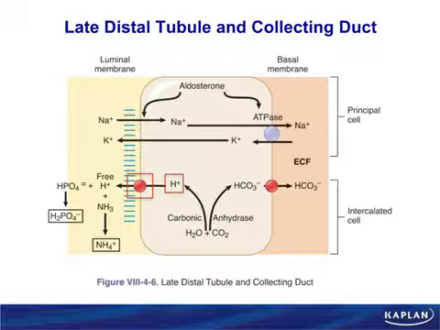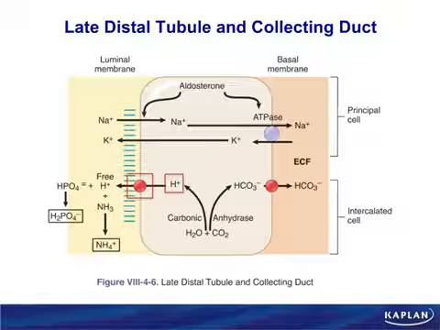Therefore, aldosterone can lead to high serum bicarbonate levels. We call this a metabolic alkalosis. So, high aldosterone states can lead to three things. 1. Volume retention. 2. Hypokalemia. 3. Metabolic alkalosis.